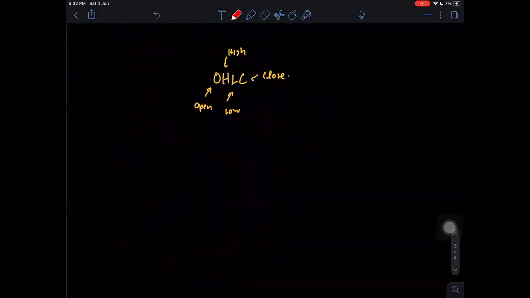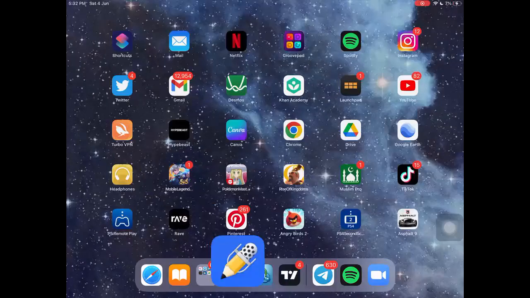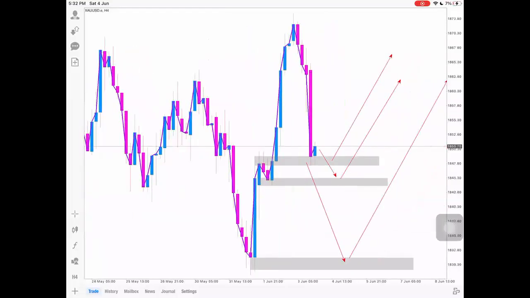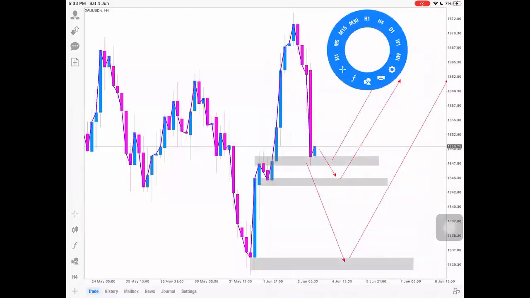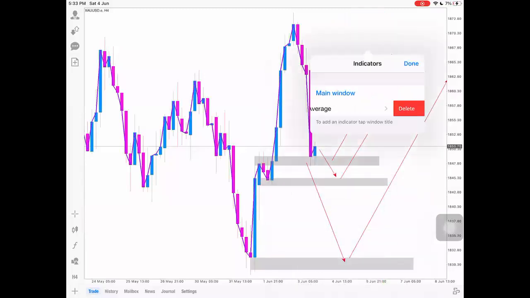Here's a life hack. You see how my line chart and my candlestick chart are basically grouped into one chart? It's because I do this with an indicator.